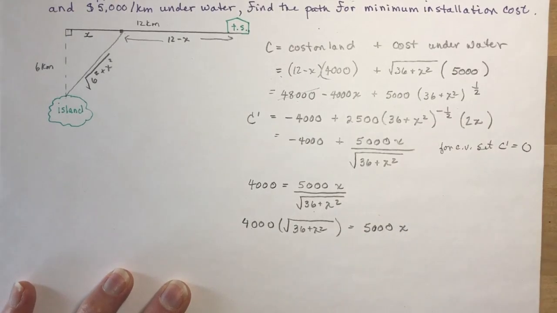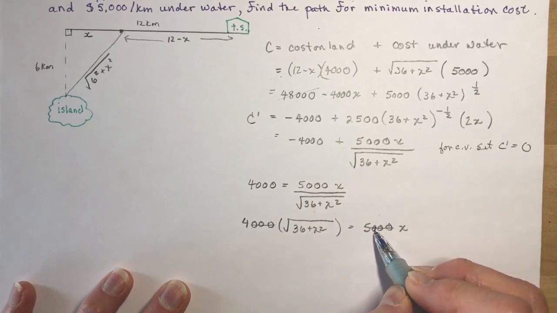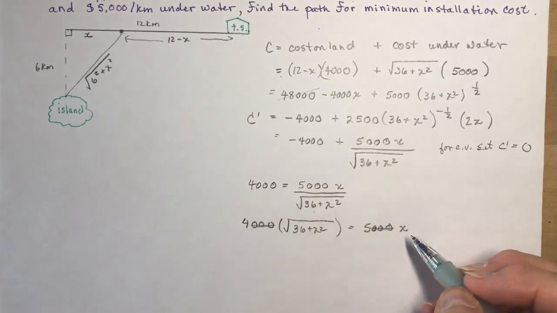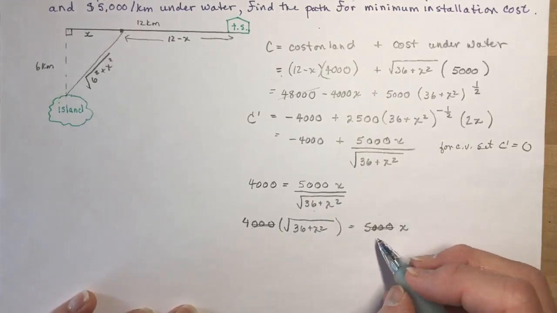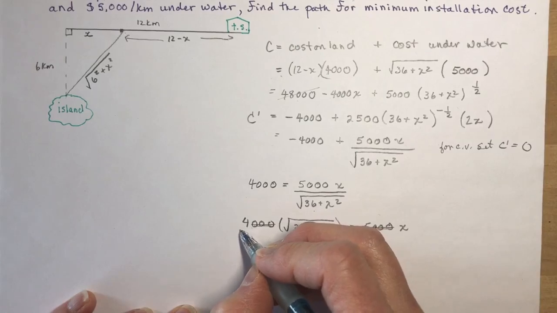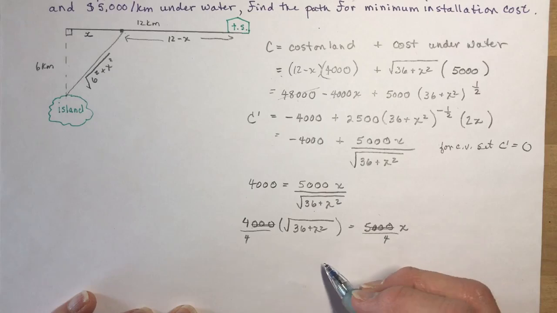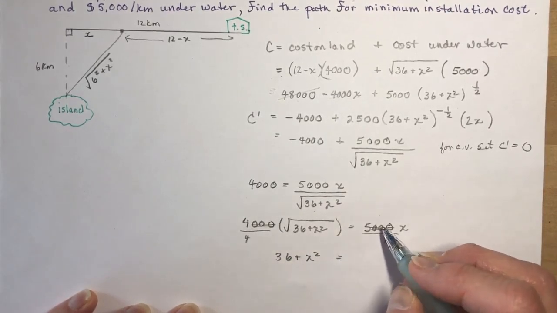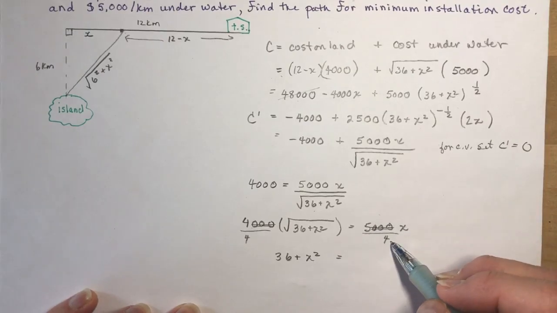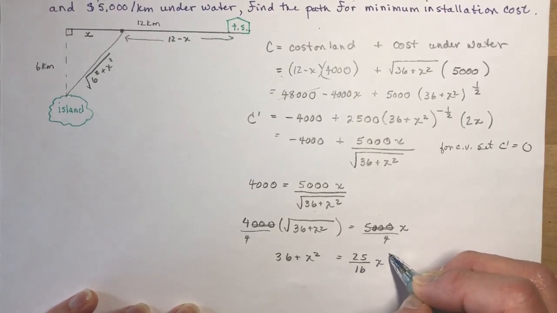I'm going to divide by 1,000 here, so we can do this. That's why I said you didn't really need to do that. And then you can divide by 4. So I'm going to put the 4 here. I'm going to divide by 4. And then I'm going to square both sides. So that's going to give me 36 plus x squared is equal to, and I had 5 over 4, so that's 25 over 16 x squared.